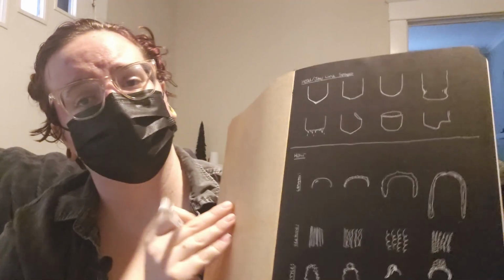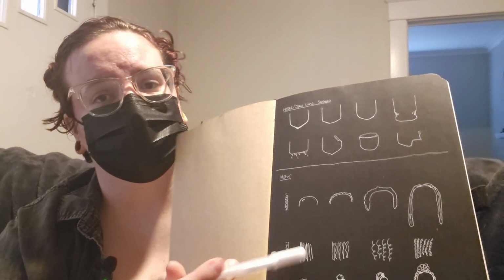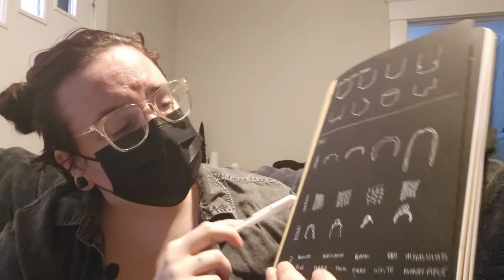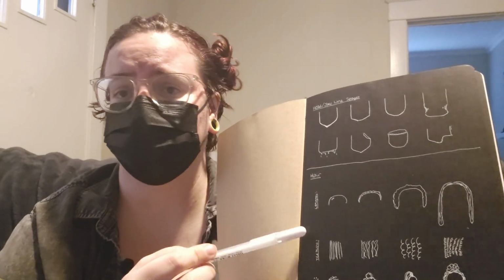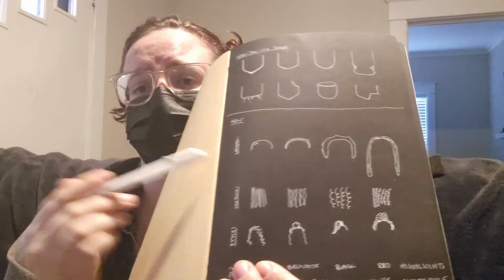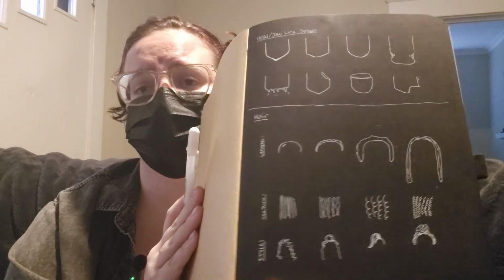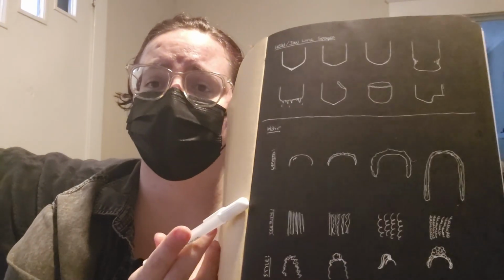Next is going to be texture. So you could have straight hair, completely straight. There's no definition, no kind of movement to it at all. Almost looks like flat ironed hair.